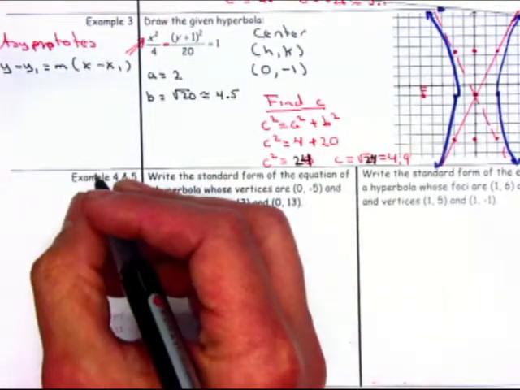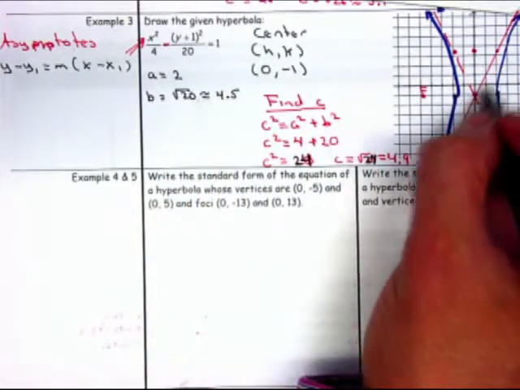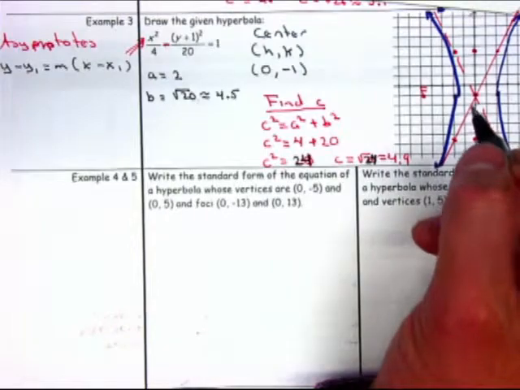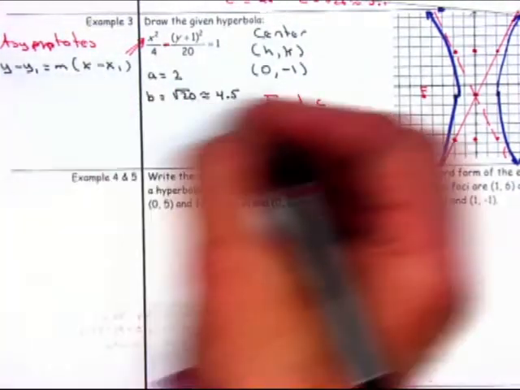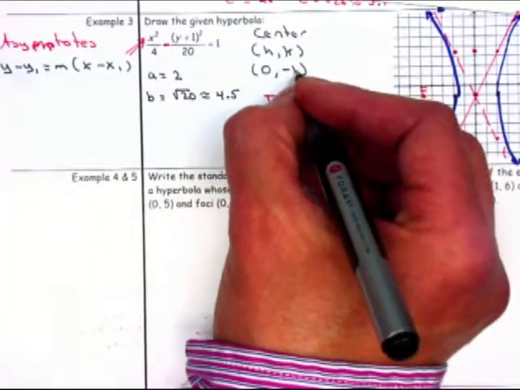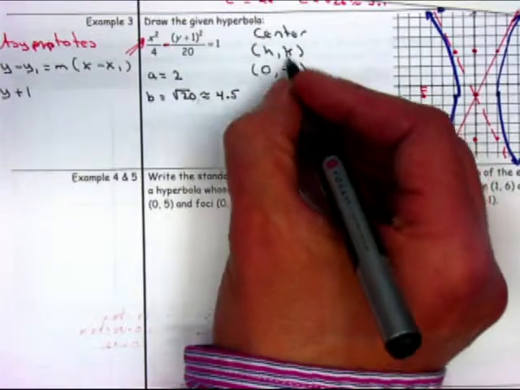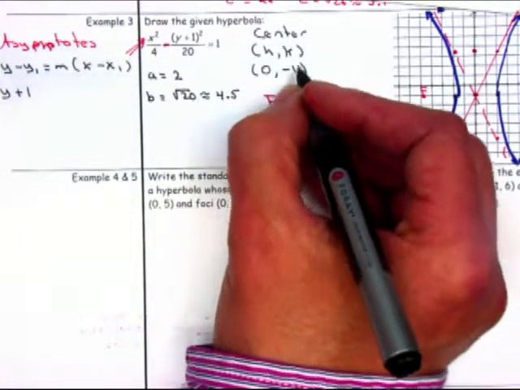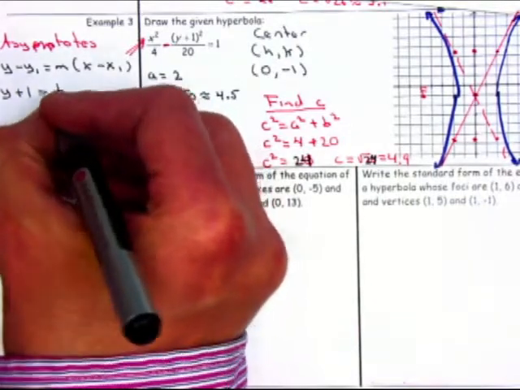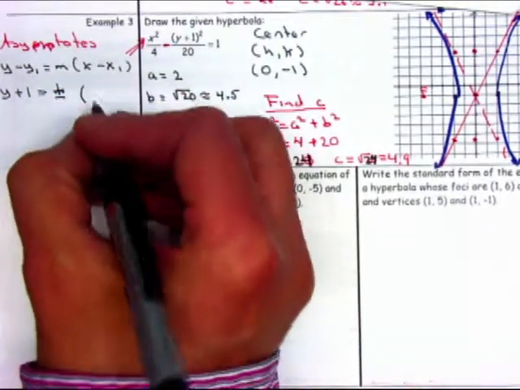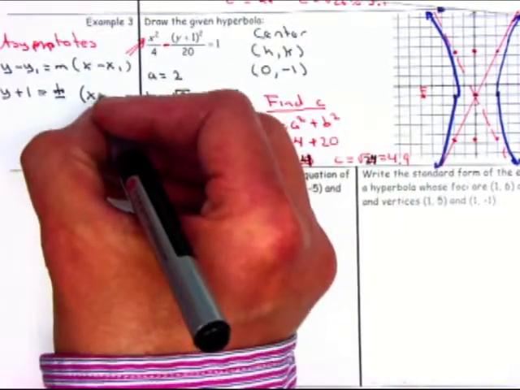And we're going to be using our center, since your center is on both of the lines, and that way we can write them down, both of them at once. That'll be y plus 1, that's your k, is equal to m will be plus or minus, we'll come back to the slope, x, and this is 0, so we're just going to say minus 0, or plus 0 if you wish.